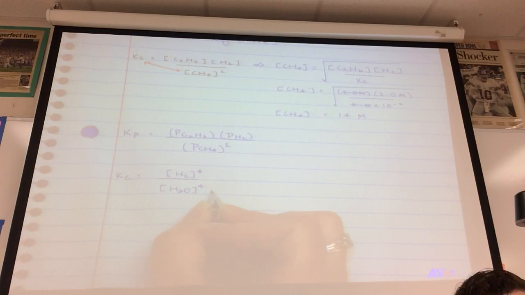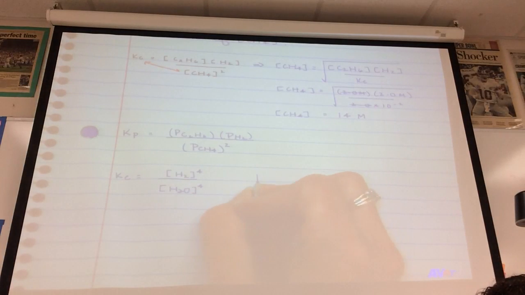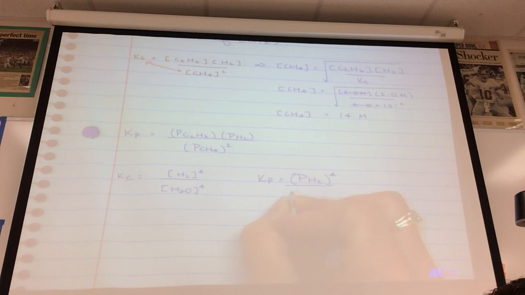And then you can cancel the 4s. No? Because those are not necessarily the same quantity, right? Kp, partial pressure of hydrogen gas raised to the 4th. Partial pressure of water raised to the 4th. Can't you still cancel them? Because if you, like, 4th root the whole thing, they'll both go away.